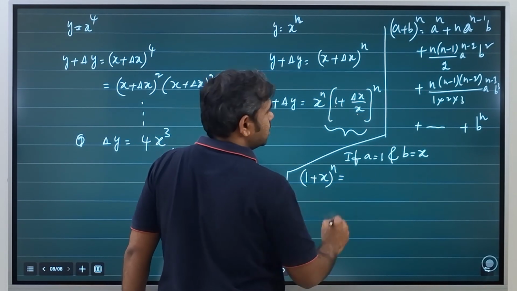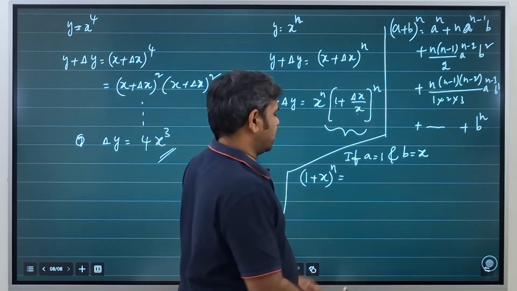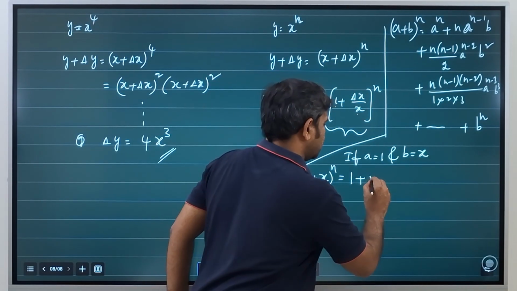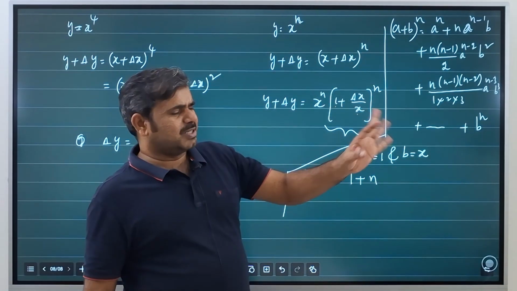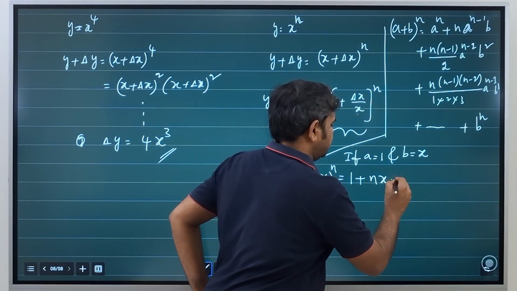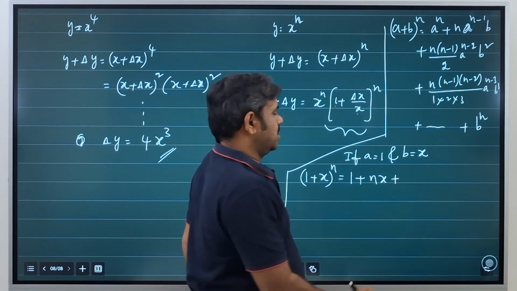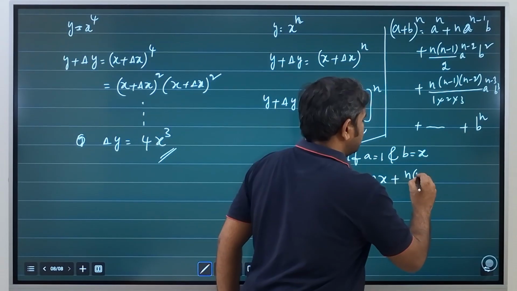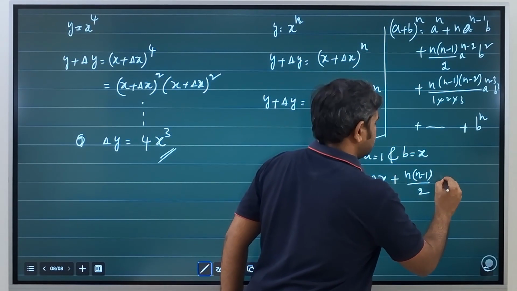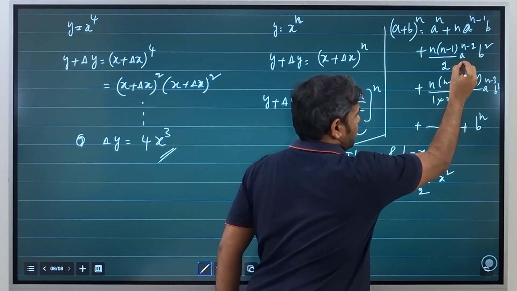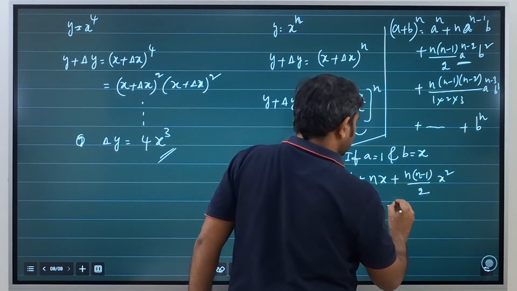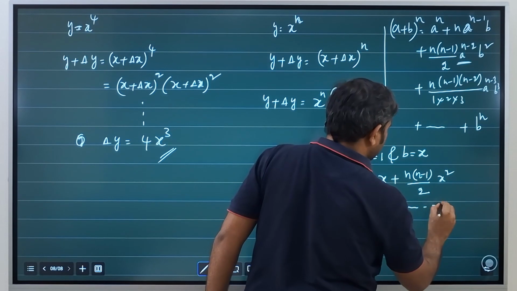a^n, which is 1, plus n into a^(n-1), which is 1, times b, which is x here, so nx, plus n(n-1)/2 into x^2, since a^(n-2) is 1, and so on.